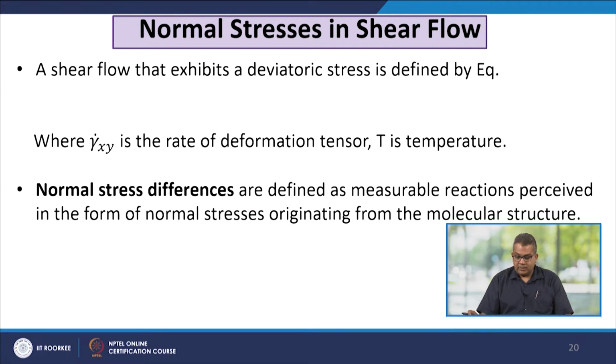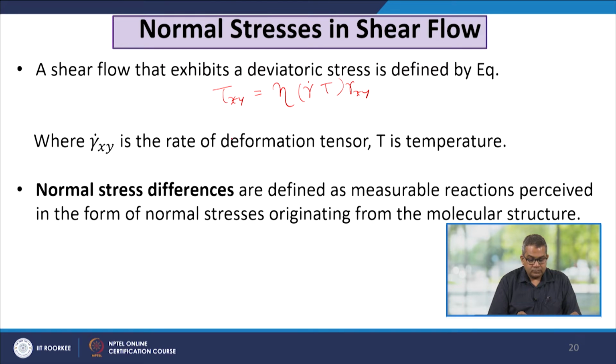Now, a shear flow exhibits a deviatoric stress, which is defined by the equation tau xy is equal to eta(gamma dot, T) times gamma dot xy, where gamma dot xy is the rate of deformation tensor and T is the temperature.